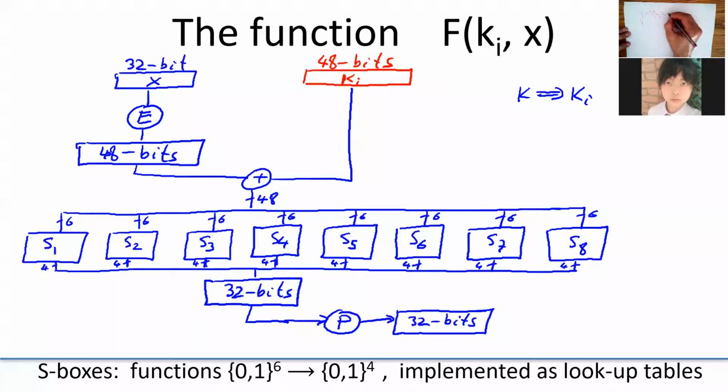And what is the linear function that operates on them? Well, there is the S1 function that operates on this guy, and that's the output. So this is basically S of X1. Right? I divided my X into 8 blocks of 6 bits each.